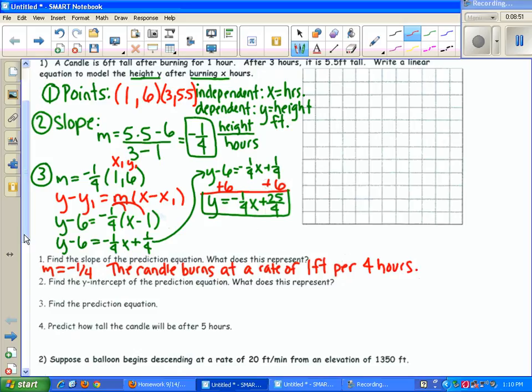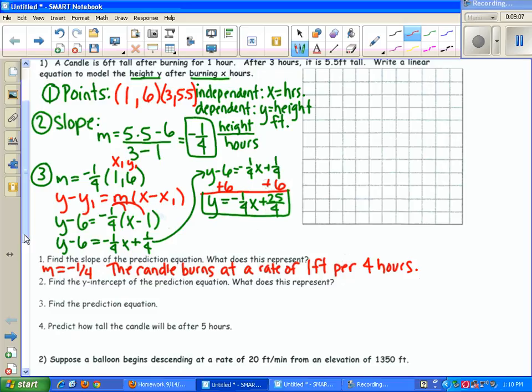So 1 foot every 4 hours. And again, because remember, it's rise over run, so height is in your numerator and hours is in the denominator. So all you need to do is just put it into words. So now we know how fast our candle is burning.